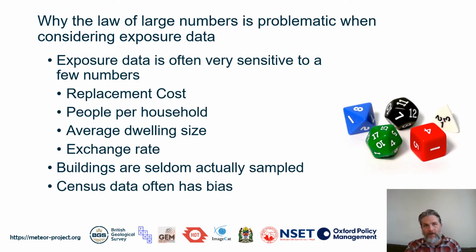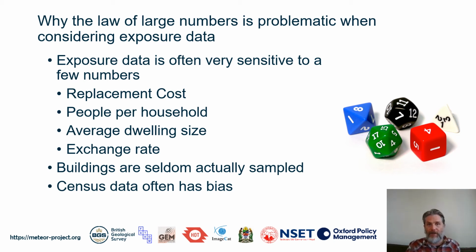These problems bias the different components of the data set. Some of the ones right off the bat, I've talked about several times already. Results are very sensitive to replacement cost, people per household, and average dwelling size. Exchange rates can really be one. Obviously, we didn't run into that in Los Angeles, but we've run into that in Africa before. And buildings are seldom actually sampled to get these results, and that can make a big difference.